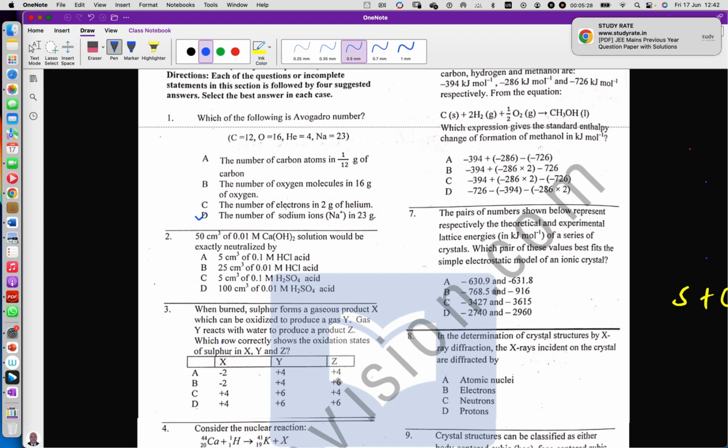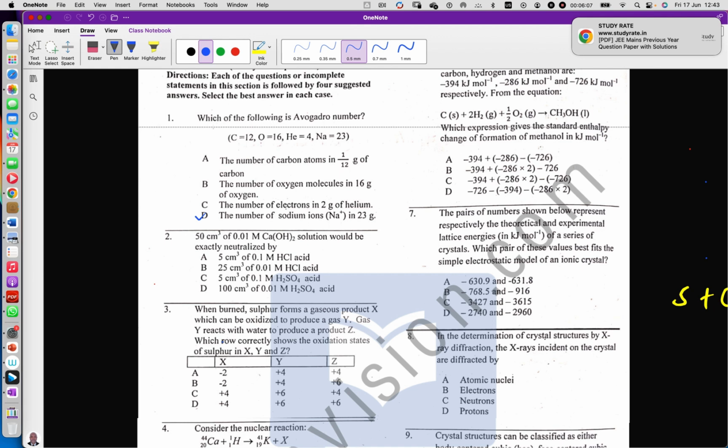Then I said 0.005 moles of the hydroxide ion are in 50 cm cube, so 0.01 moles of the hydroxide ion will be in 100 cm cube. That is the volume of the acid. In order to have the concentration of the acid, we need to divide the moles of the acid by the volume in dm cube.